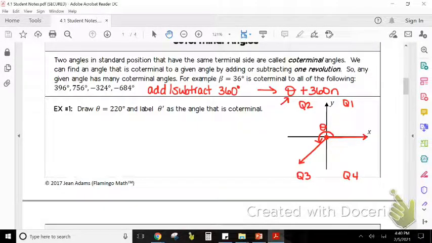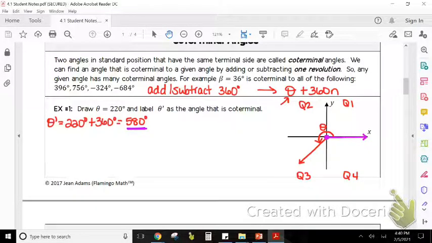Well, let's first do it algebraically. So theta prime, if I want a positive coterminal angle, if I have 220 degrees, I can just add 360 degrees. And that's going to give me the positive coterminal angle of 580 degrees. So when I go to draw this one, 580 degrees, I start again in standard position with my initial side on the positive x-axis and my vertex at the origin.